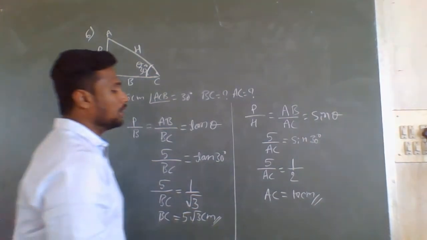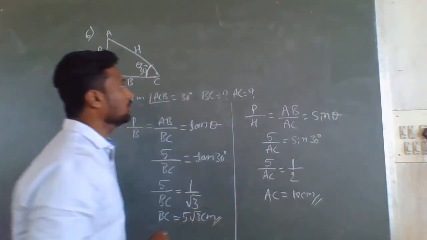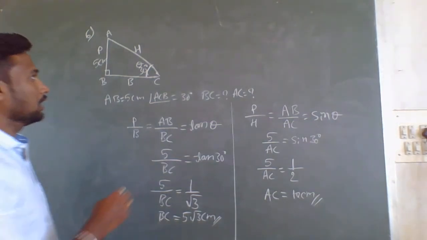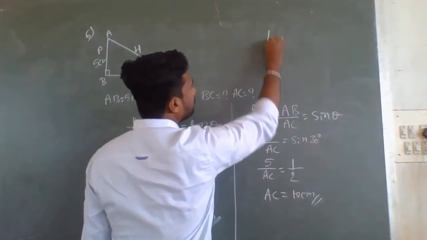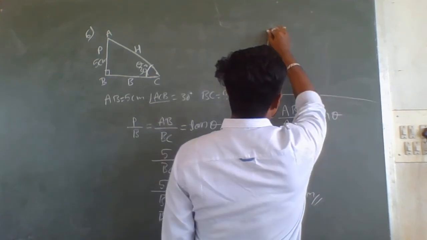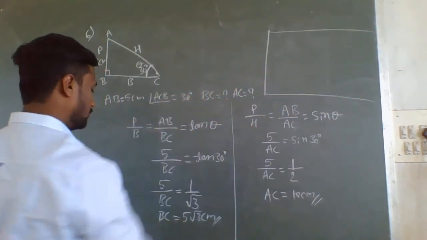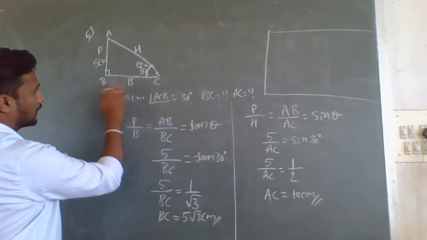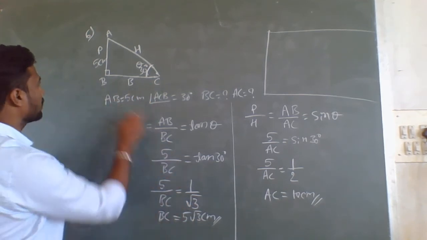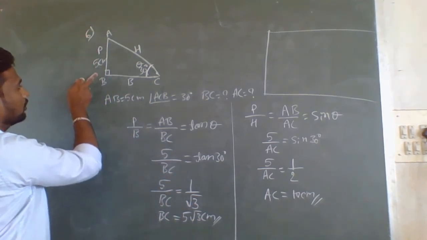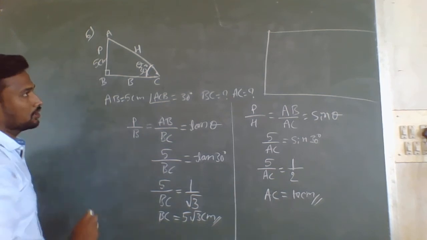Or you can calculate this length of AC by using Pythagoras theorem also. Here I will do, you can check. So here we got the value of side BC as 5 root 3, and they have given the length of AB, which is 5 centimeter.